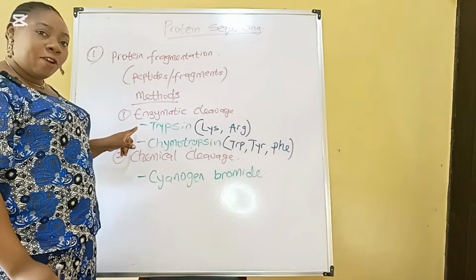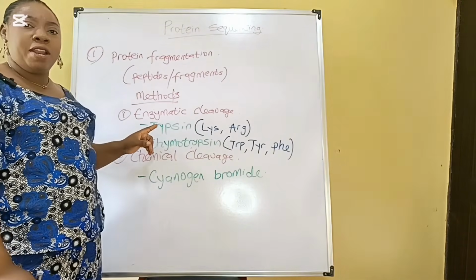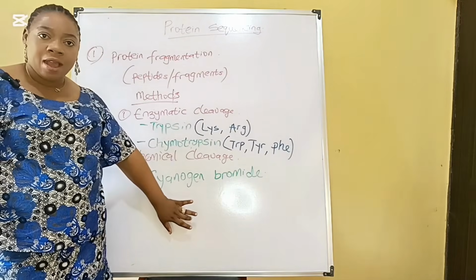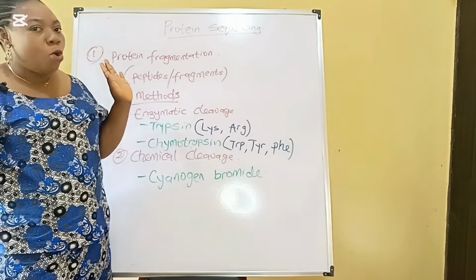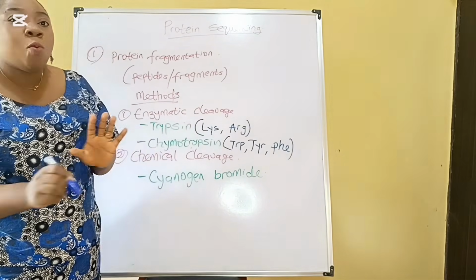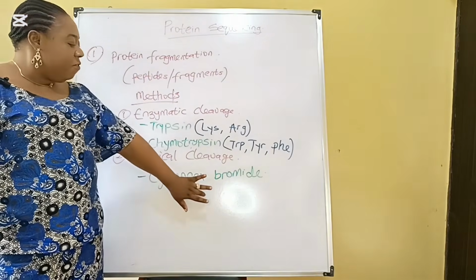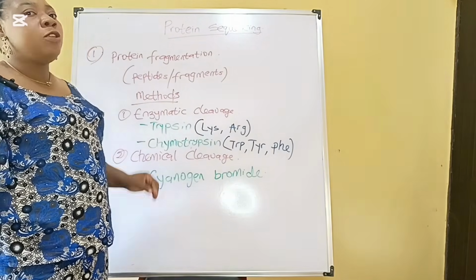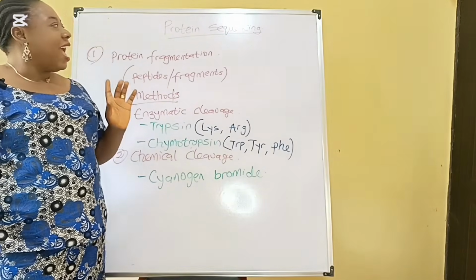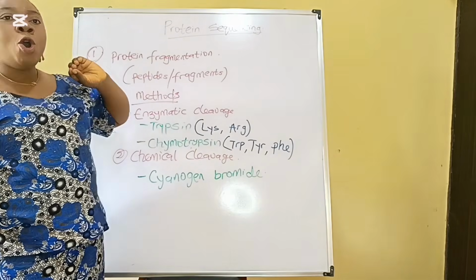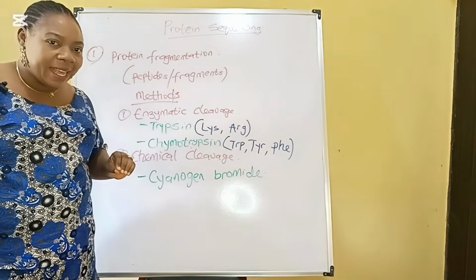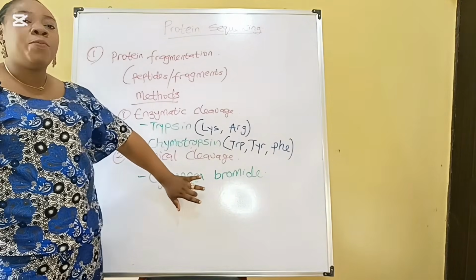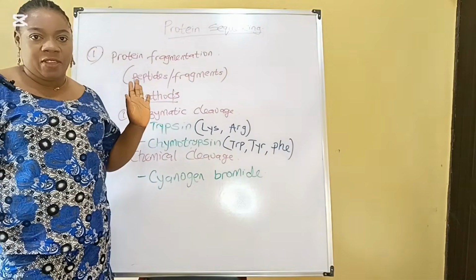Like the enzymatic cleavage, this chemical also has its own specific amino acid that it can work with. If you introduce cyanogen bromide into your protein solution and there is no methionine there, it will not cleave anything.